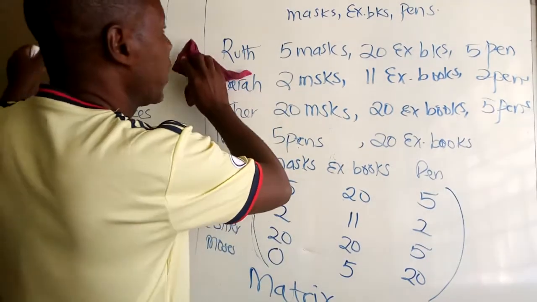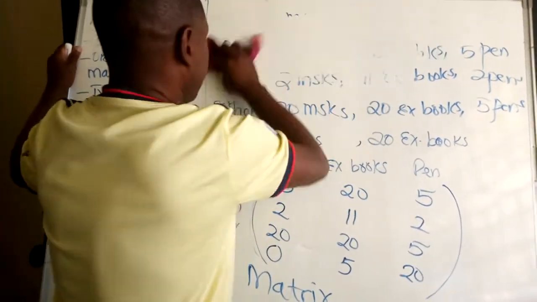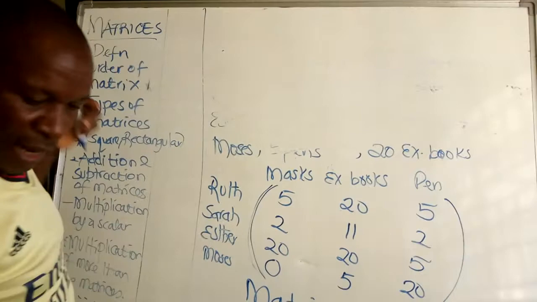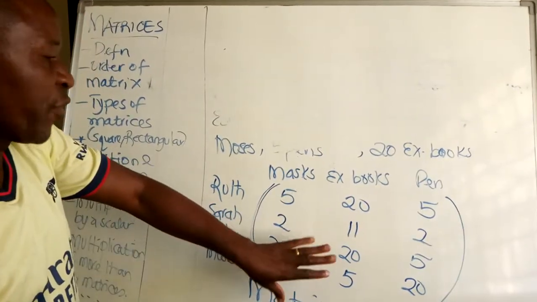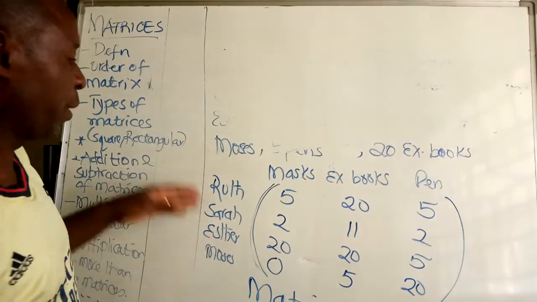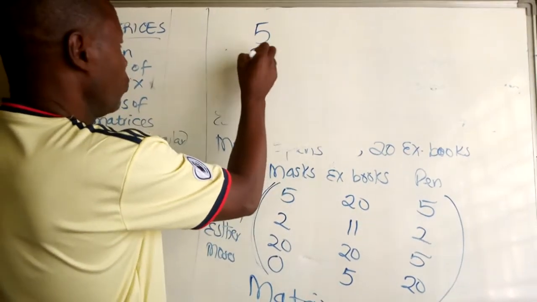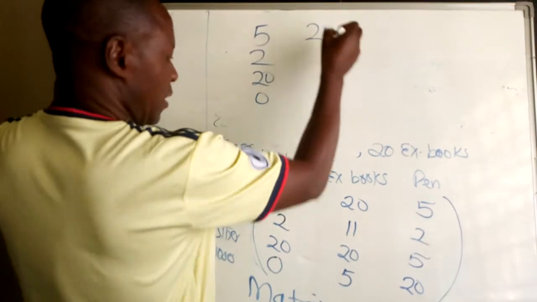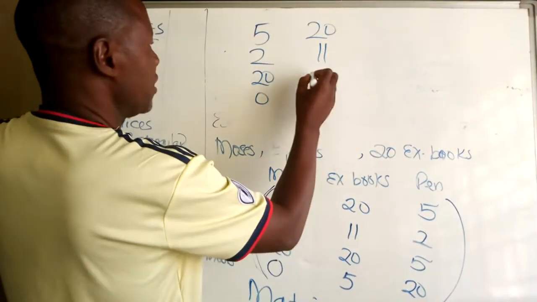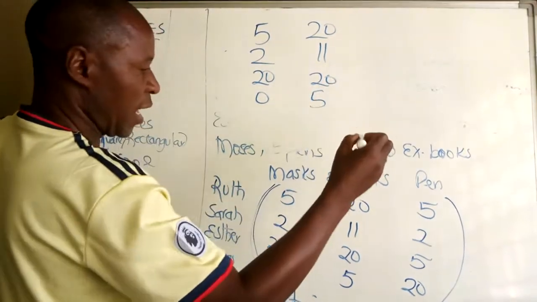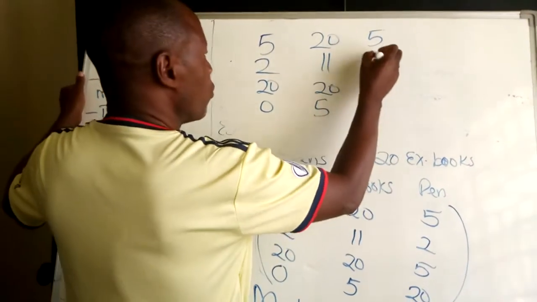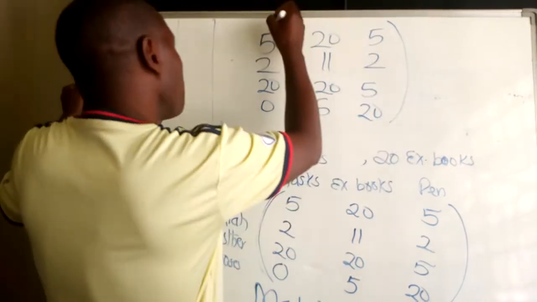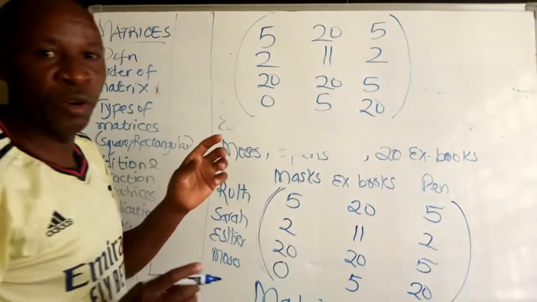I'm rewriting this information now without the details on top: a 5, a 2, a 20, a 0, then 20, 11, 20, and a 5, then a 5, a 2, a 5, and a 20, written in these big brackets. This is what we call a matrix.